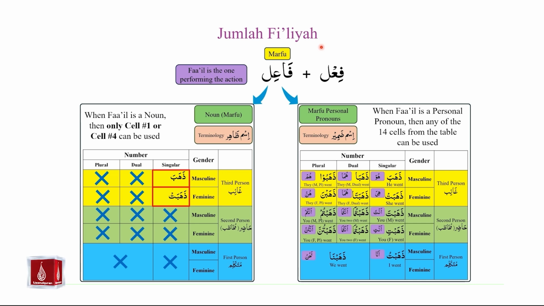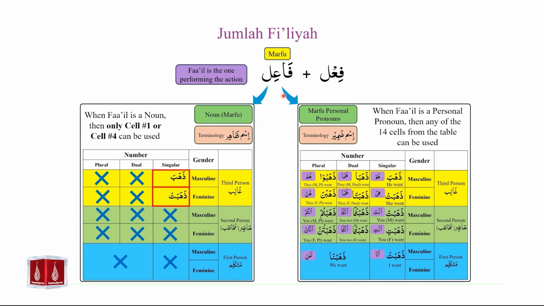So Jumlah fi'liya will have at least 2 parts, the fi'l and the fa'il. In our study of fa'il, we determined that the fa'il is the one performing the action, and fa'il will always be marfu. Now, fa'il or the one performing the action can be shown either through a personal pronoun, in which case it would be a marfu personal pronoun, and the terminology that is used will be ism zamir, or fa'il can be shown as a noun, for which the terminology is ism zahir.